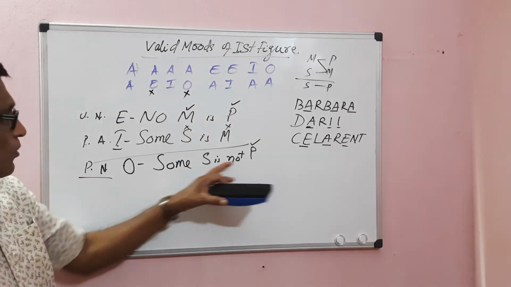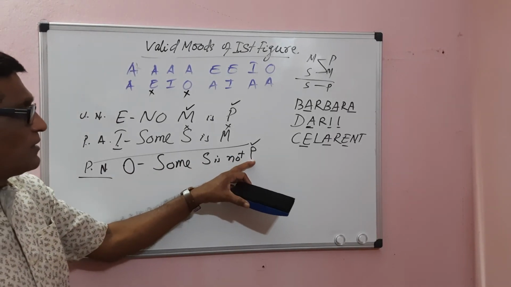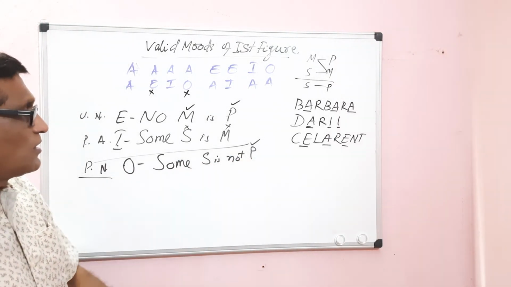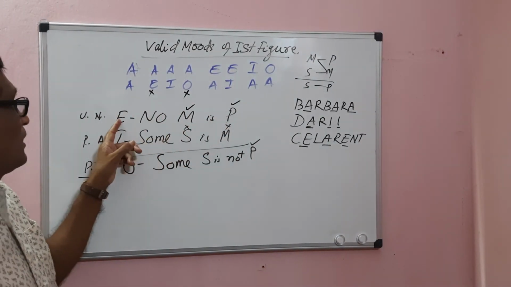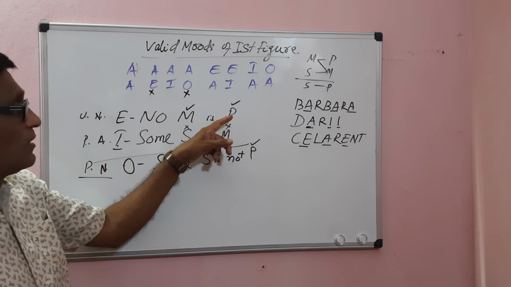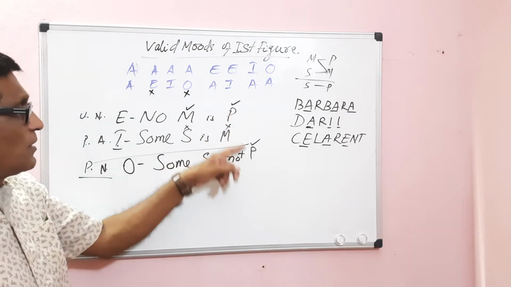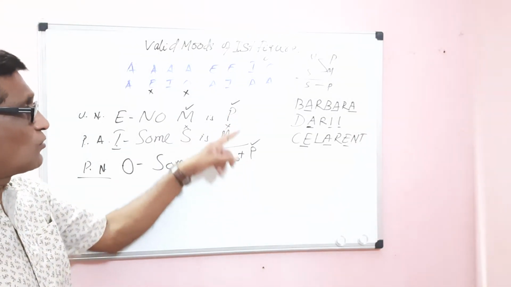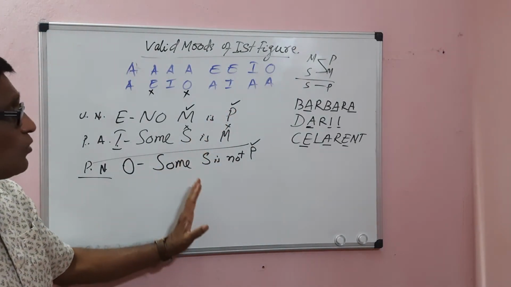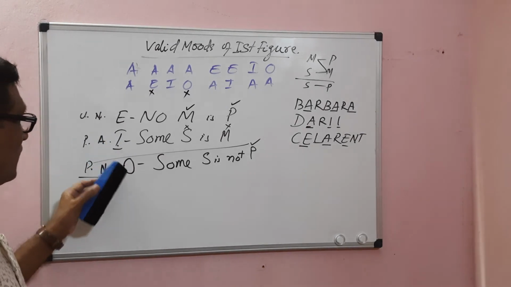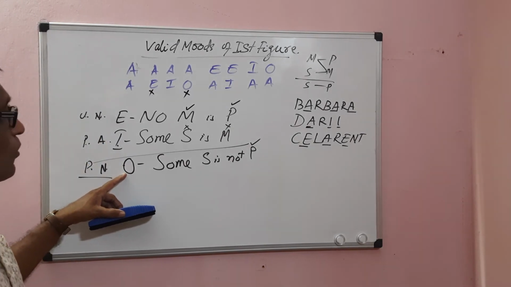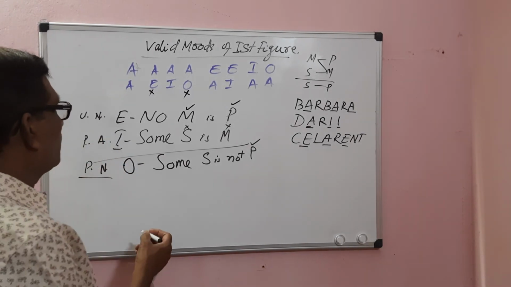P, the predicate of the O proposition, is the major term. It has also been distributed in the major premise, because the E proposition distributes both subject and predicate. So there is no fallacy of illicit major. This is a valid mood: from EI we get the conclusion O. This is a valid mood in the first figure.